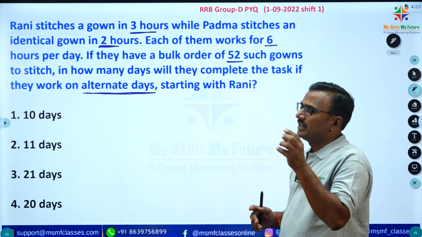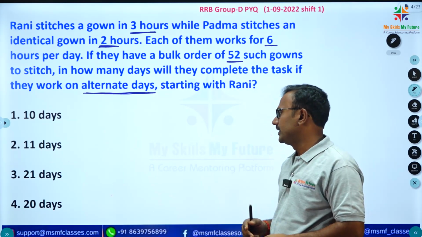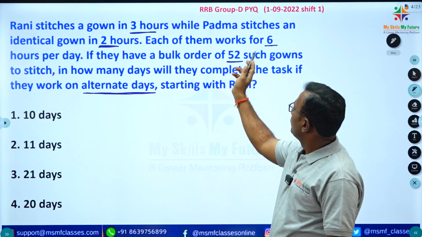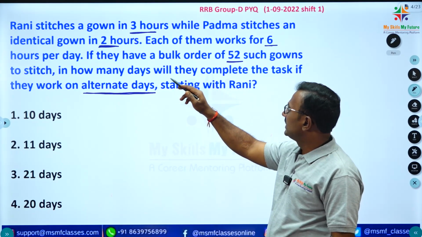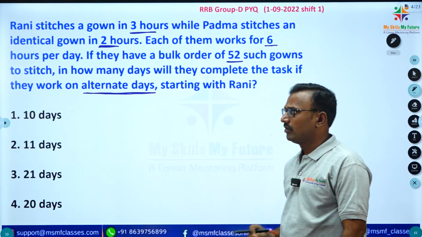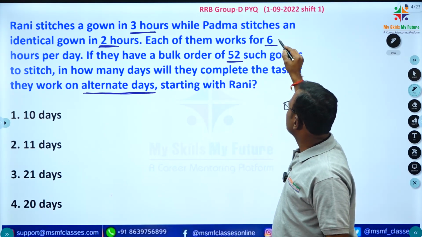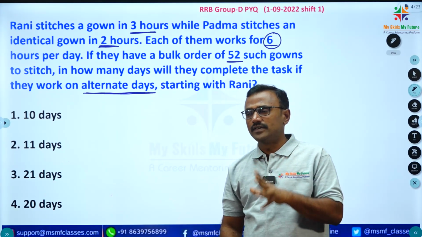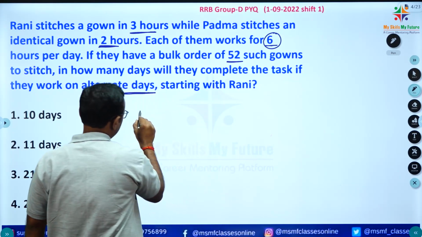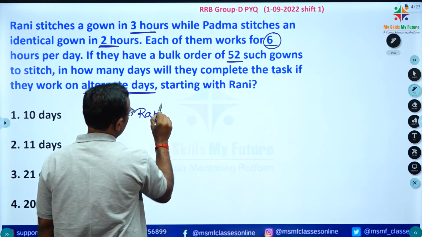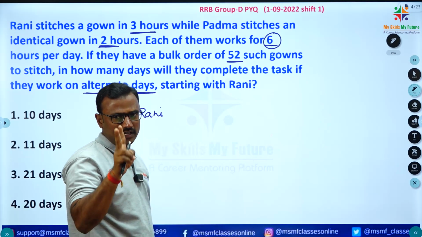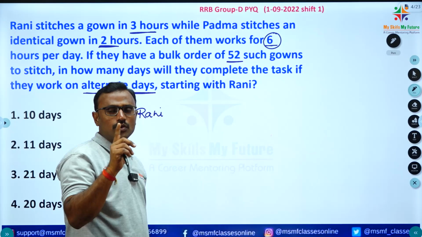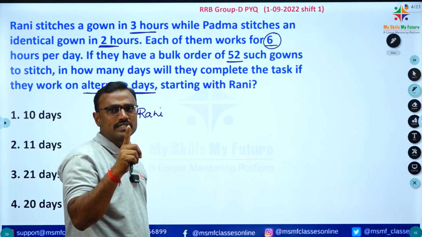Rani stitches a gown in 3 hours, while Padma stitches an identical gown in 2 hours. Each of them works 6 hours in a day. Rani stitches a gown in 3 hours and works 6 hours per day, so in one day Rani stitches 2 gowns.